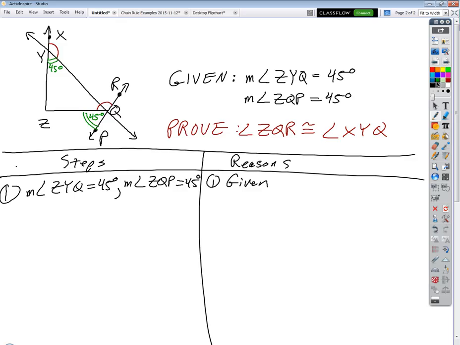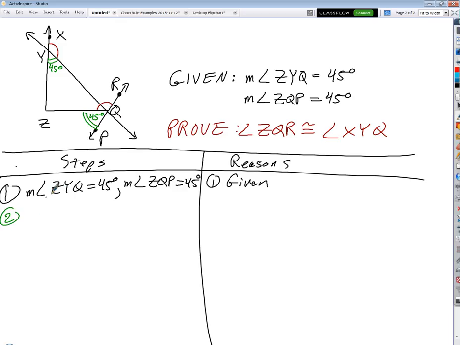Does that make sense? Okay, so then step two, we could set this one equal to that one. The measure of angle ZYQ equals the measure of angle ZQP. And what's my reason for that?